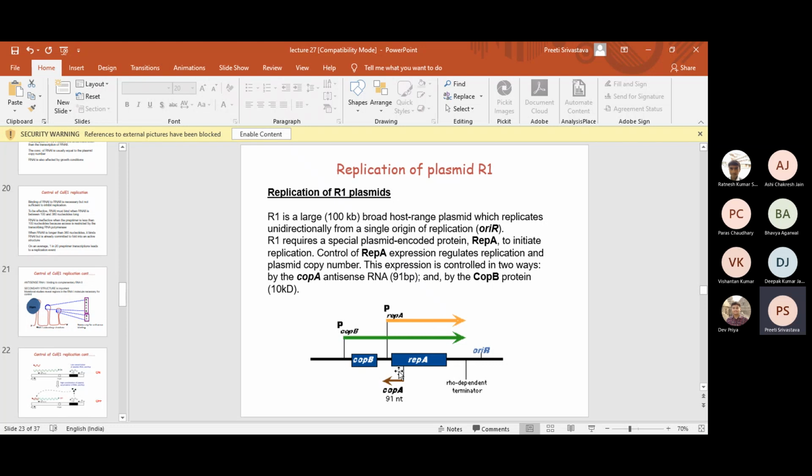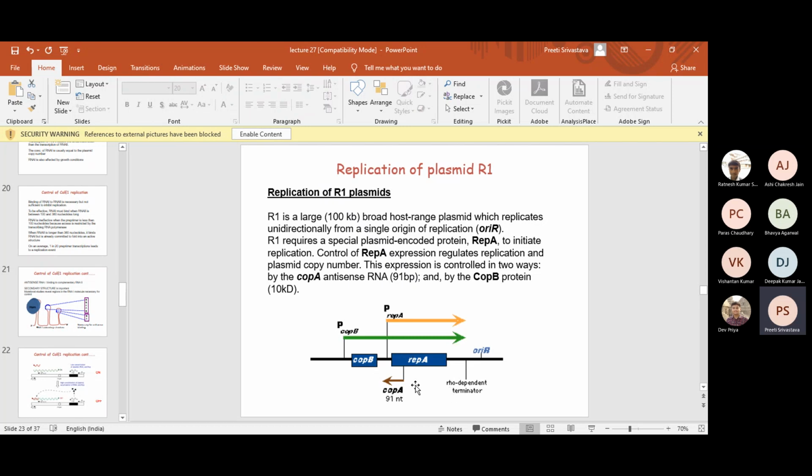There is another gene which is called COP. The name COP is given because it is for copy number control. It is for regulation of replication. So COP-B is present, and this COP-B is transcribed by a promoter called P-COP-B, which is shown in green.